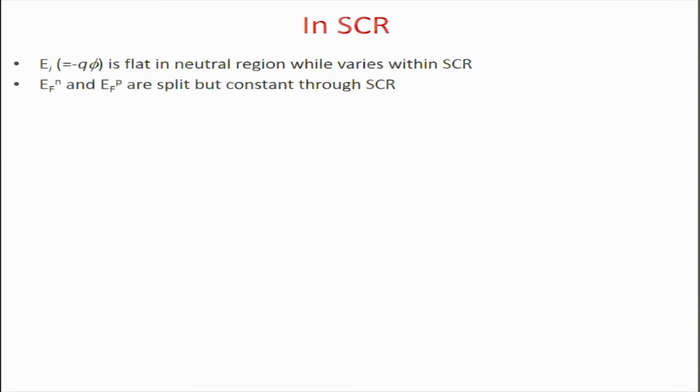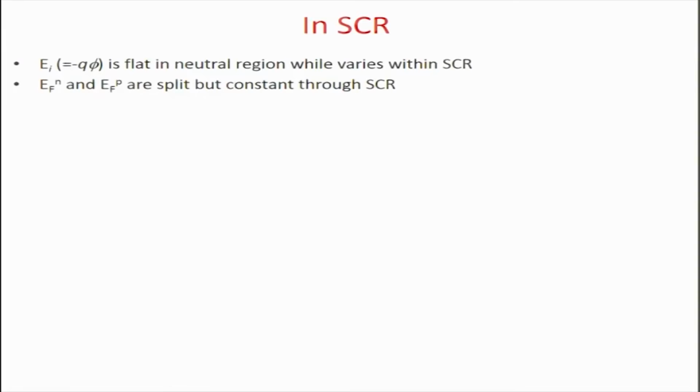Now we go to the next, where first we do the SCR analysis. We say that the intrinsic energy level is flat in the neutral region but varies within the SCR, and the Fermi levels on the p and n sides, EFN and EFP, are split but constant throughout the SCR. So the situation is like this. Now we draw the band diagram of a p-n junction semiconductor.